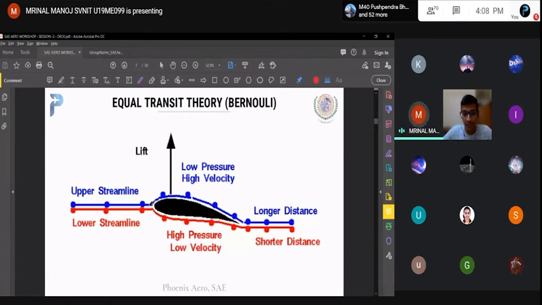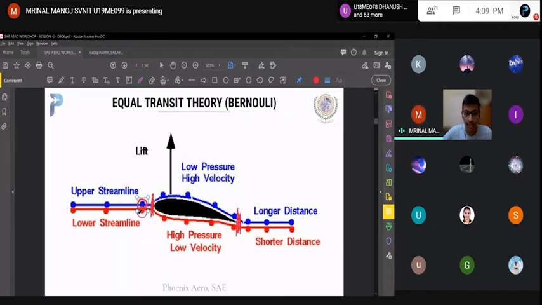So the air molecule that goes over the top of the airfoil will have to cover more distance than the air molecule that goes below the airfoil. The time will remain the same, but the top air molecule will cover more distance than the bottom one.